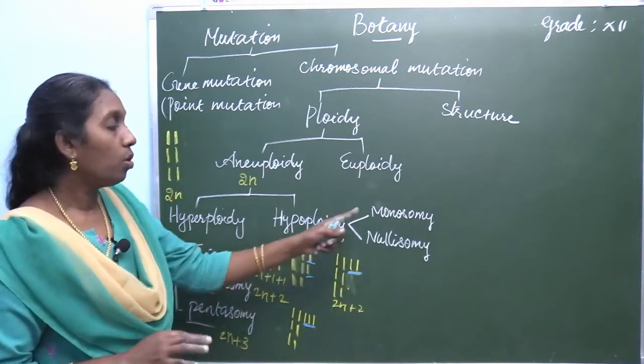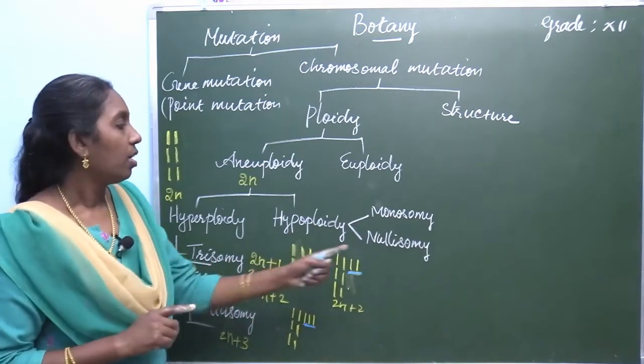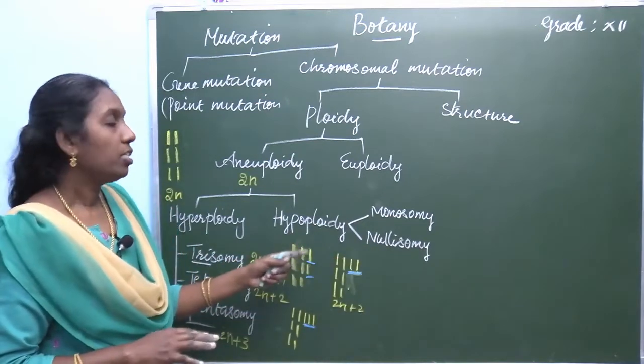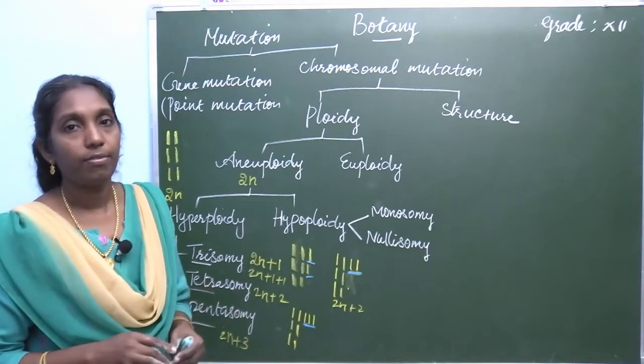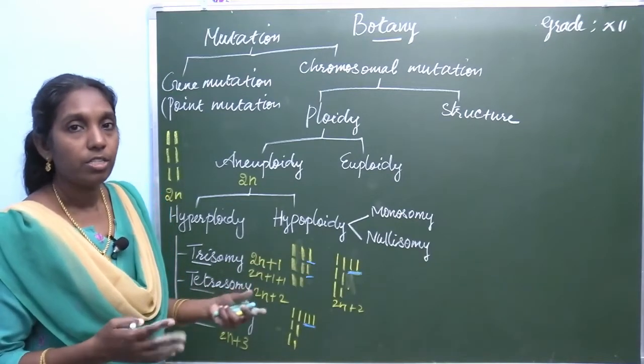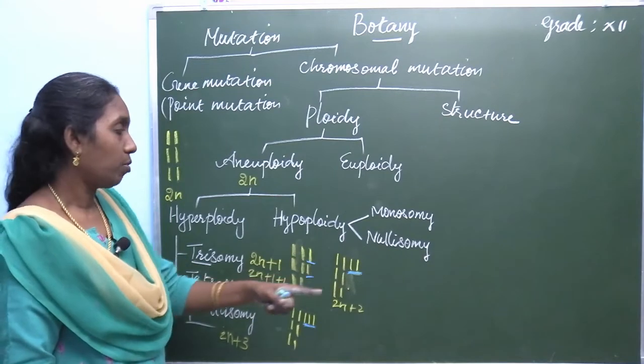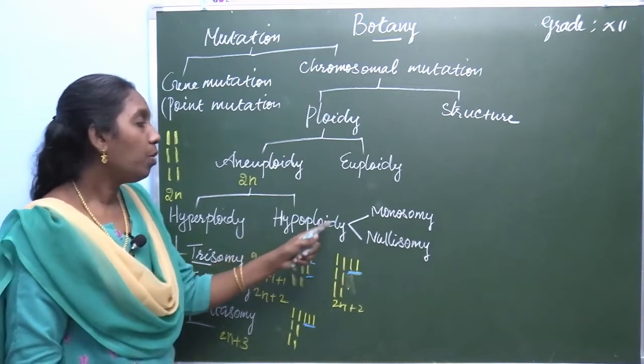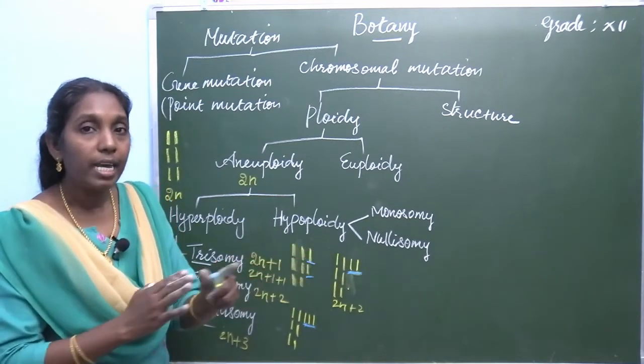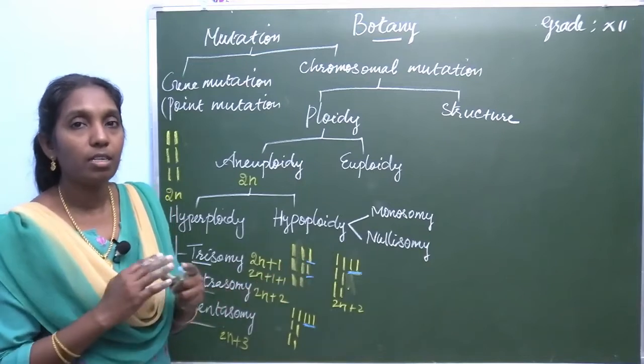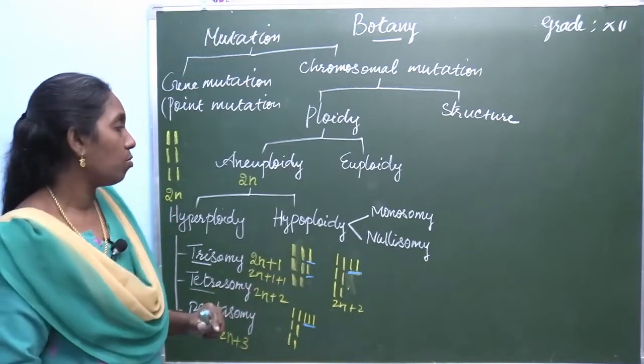Mono means single. Nullisomy leads to death of the organism, it is lethal. Hypoploidy, hypo, is alteration by deleting the chromosome number.